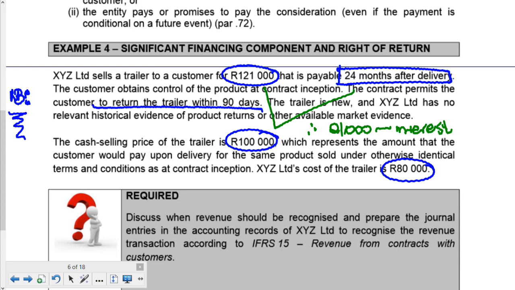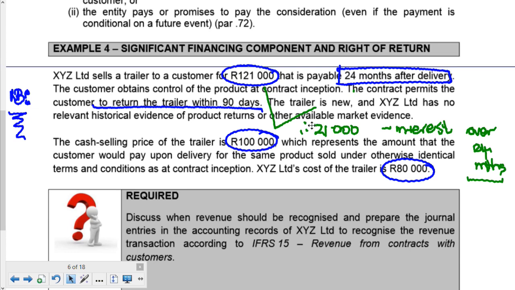And it will be interest that will be recognized over the 24 months. So as a starting point, we have 21,000 Rand of interest, which will be recognized over the 24 months. And we have a trailer, which will be recognized when control passes.